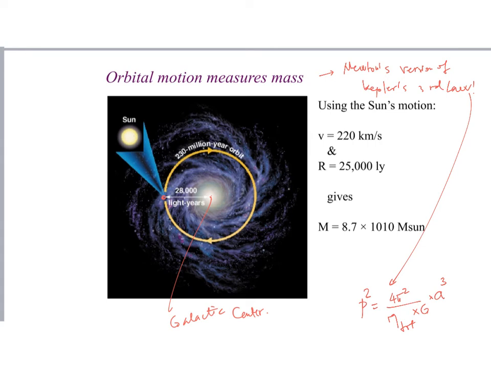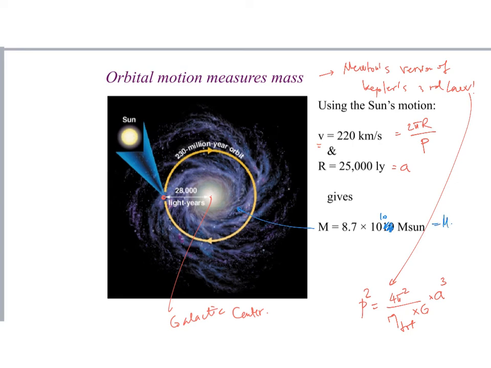So this would be A, the average radius, and the speed is 2 pi r, the circumference of that circle, divided by the period. Some playing with these formulae will give you a nice formula for the mass enclosed.